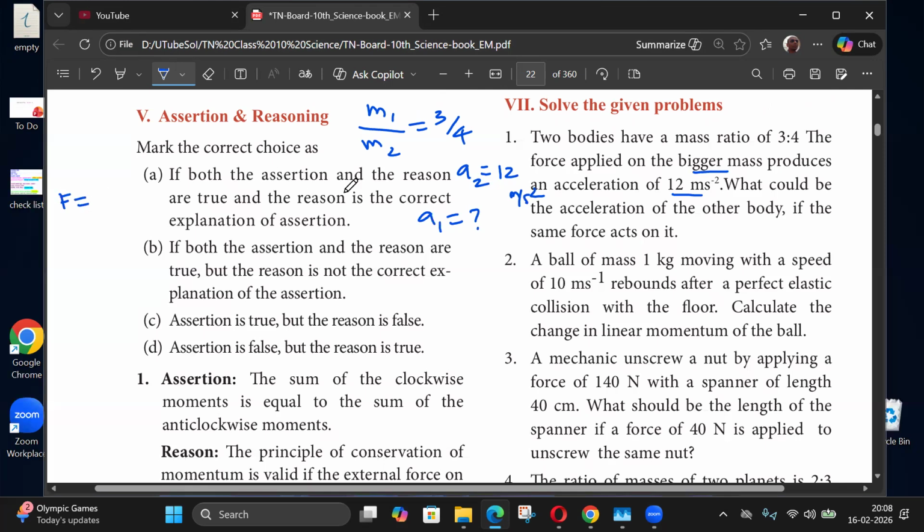See, first you can find the force, which is M2 into A2. And this same force is acting on the first one also, it's M1 A1, right? Yes, sir. These two are equal. So from this I can get A1 as M1 by M2 into A2. M1 by M2 is 3 by 4 into A2 is 12. So it's 9.